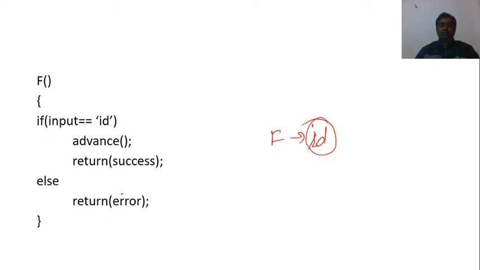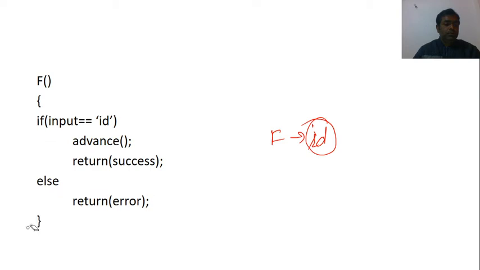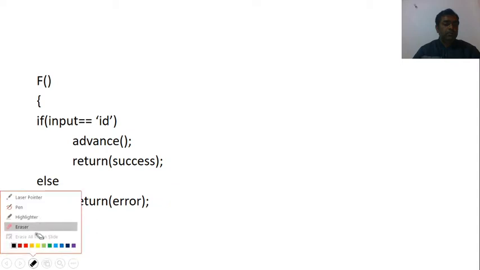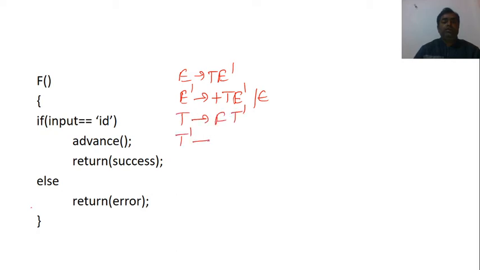Now you can see our grammar was E goes to T E prime, E prime goes to plus T E prime or empty, T goes to F T prime, T prime goes to asterisk F T prime or empty, and F goes to ID.